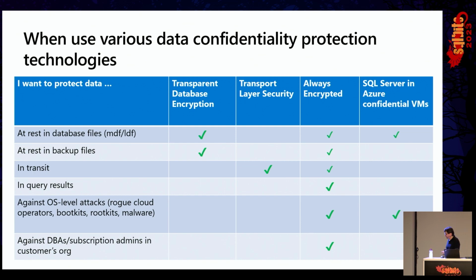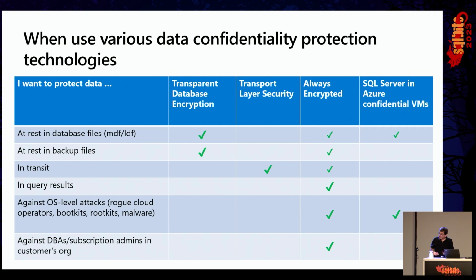One temptation we should avoid, one way to misinterpret this table, would be to look at the Always Encrypted column and say, oh, it has checkboxes everywhere, that's great, I'm going to use it and encrypt 10,000 columns in my entire database, and I'm done, I'm protected from all the attack vectors listed on the left. We don't recommend that. Instead, we recommend using pretty much all these technologies, or you have a choice, of course, here, a decision point. Are you using a PaaS offering or an IaaS offering? The last column here is applicable to IaaS only, of course.